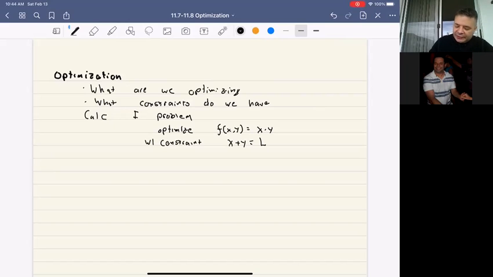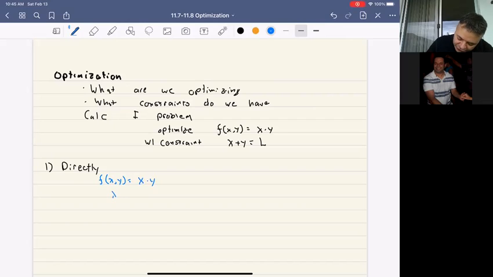The first way we're going to do this is we're going to do it directly. Can't spell. I should optimize my spelling. So what we're going to do when we do this directly is we're going to take f of x y equals x times y.